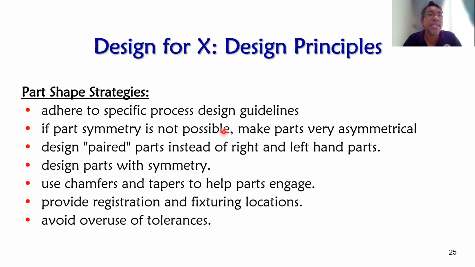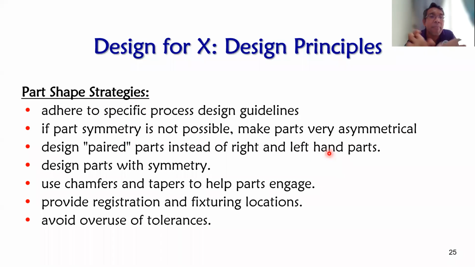So the product qualities, they have several principles. You can remember based on the part shape strategy. Just now we already discussed this one. When you make a part, you design something, you need a specific process design guideline. If part symmetry is not possible, make the part very asymmetrical, design pair parts instead of right and left.